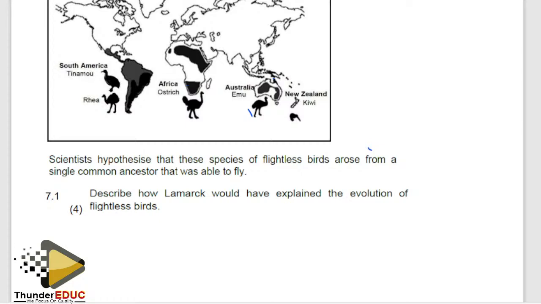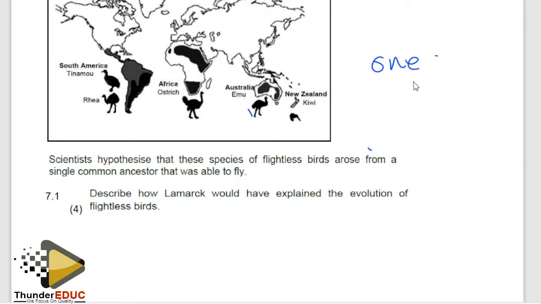You tell us that at first there was one population of a common ancestor, which were high-flying, small-flying birds. There was one population of a common ancestor which were able to fly. Is it clear? That's number one.